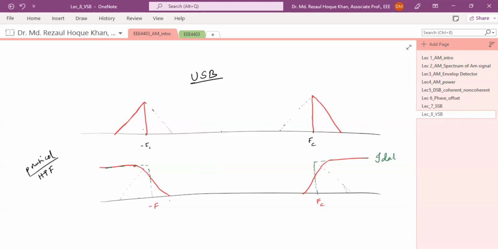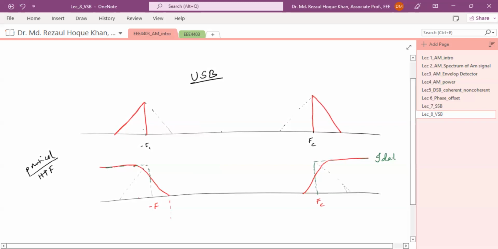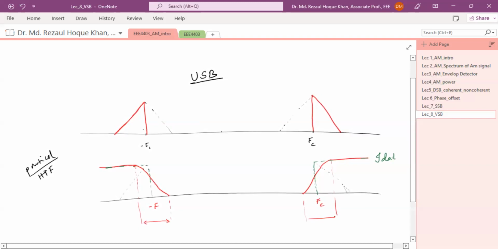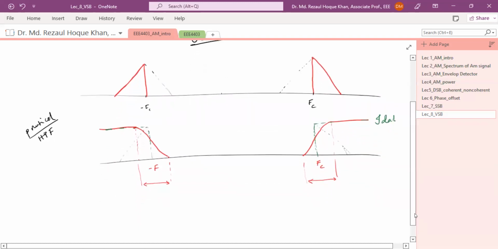Here, this portion is actually a transition band. These are called the transition band.